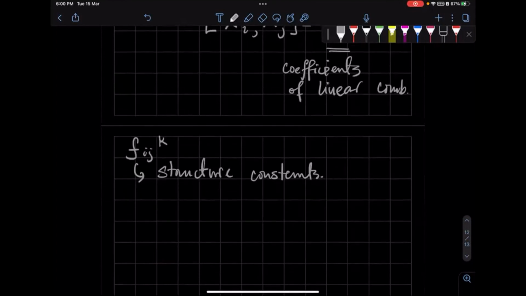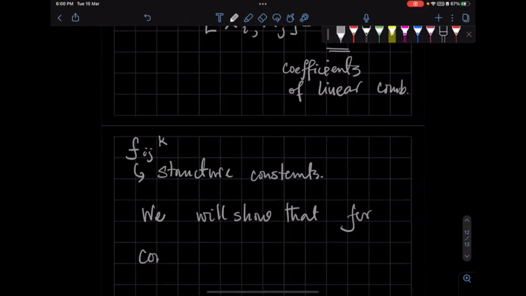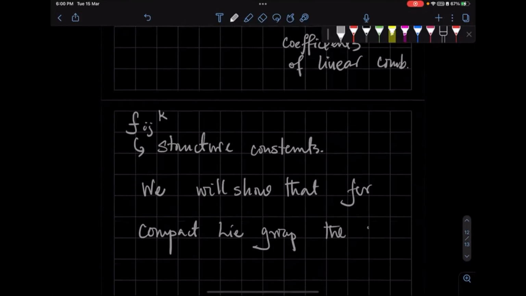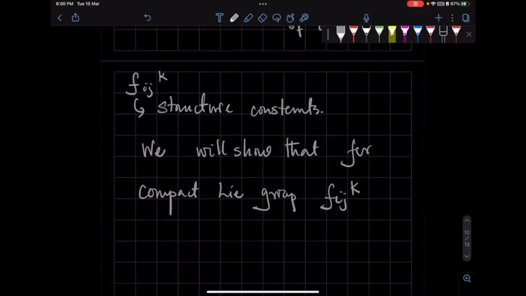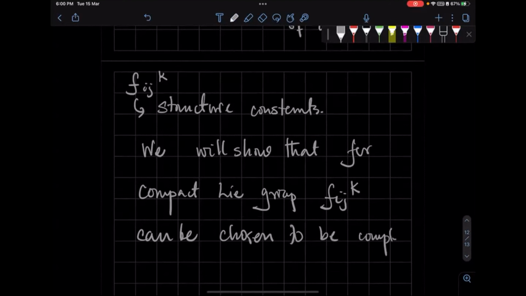And we will show, this is on our syllabus, that for compact Lie groups, the structure constants f_ijk can be chosen to be completely antisymmetric.